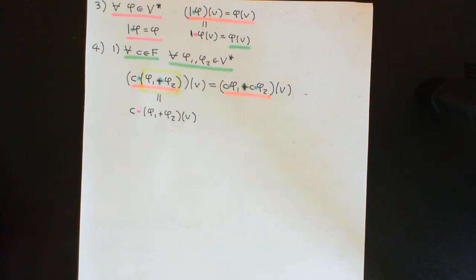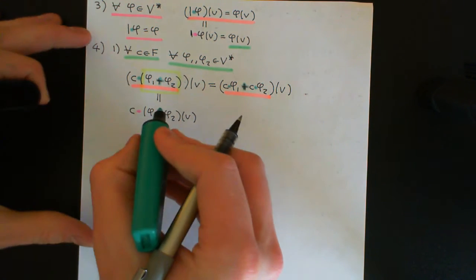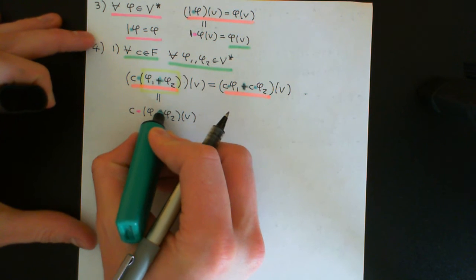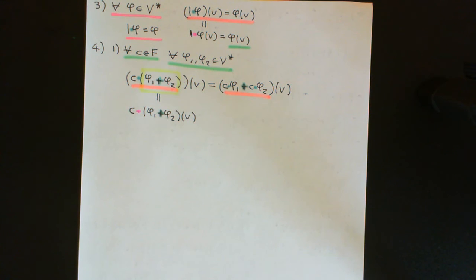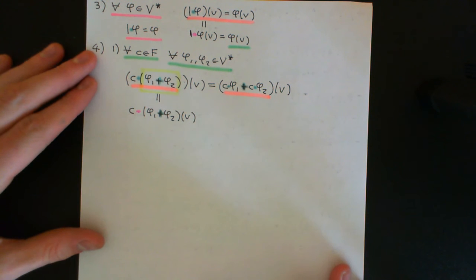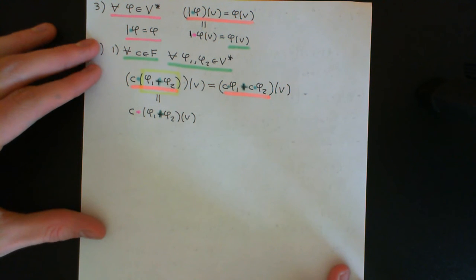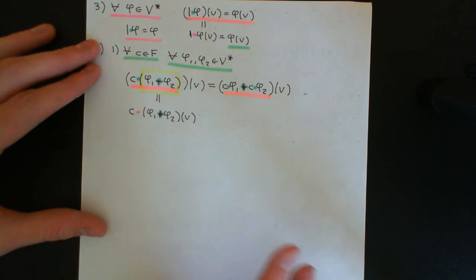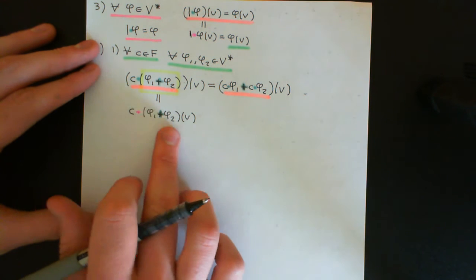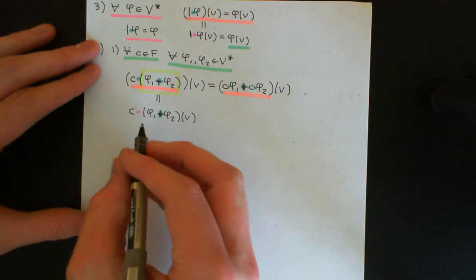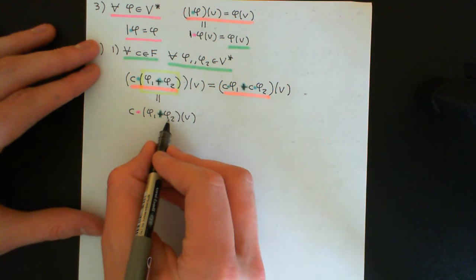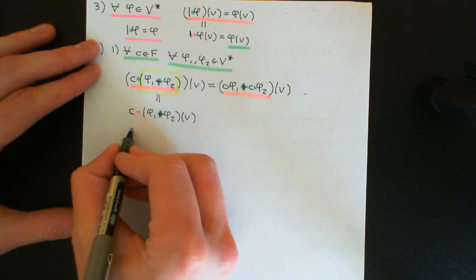Okay, so that's just applying the definition of how scalar multiplication was defined to work in our dual vector space, and that addition there is still addition in the dual vector space. Okay, so that's dealt with that scalar multiplication. Now what we can do is apply the definition of addition of two covectors in the dual vector space. So we've now got v1 plus v2 of v. Just by definition, what's that equal to?